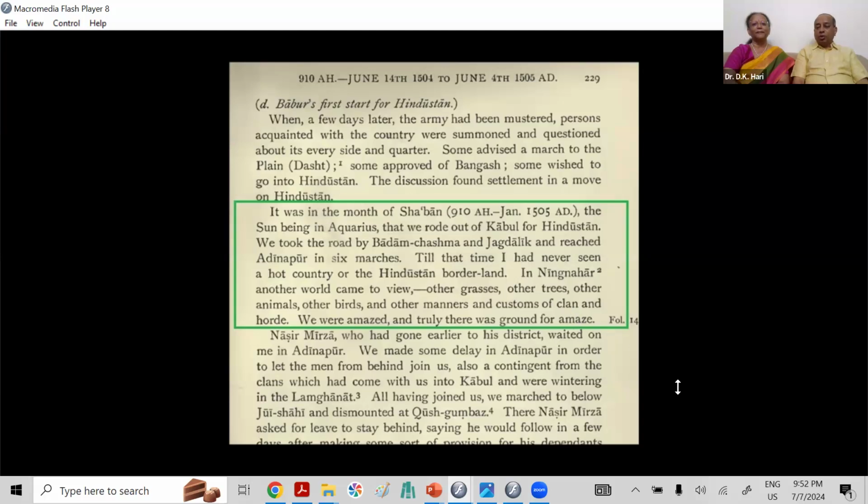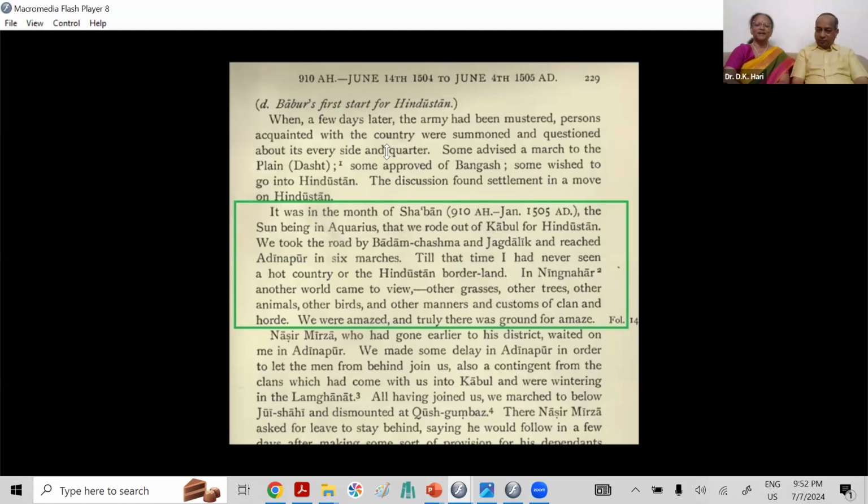So this land Hindustan, what we call Bharata, has always been something of amazement to them and very different, because they were coming from a little more arid Central Asia. So they found this a lot more green. First he mentions grass because the land is green. There are more trees, there are more animals, obviously talking about both the flora and fauna of the geography of Bharata.